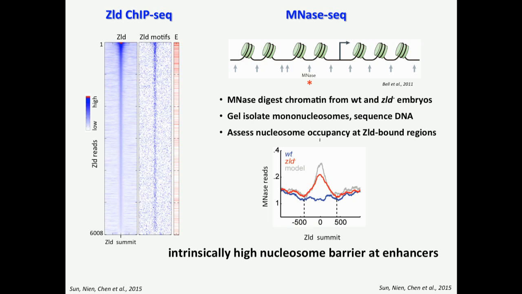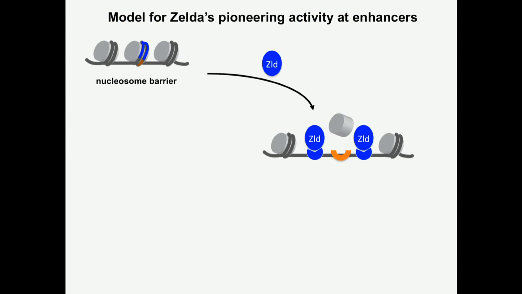This tells us that there's an intrinsically high nucleosome barrier at enhancers, and that Zelda lowers this nucleosome barrier. Okay, so our current model then, which looks very similar to what Justin showed, is that before zygotic genome activation, when we think that Zelda levels are actually pretty low, we have a nucleosome barrier.